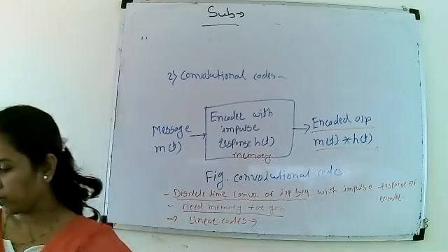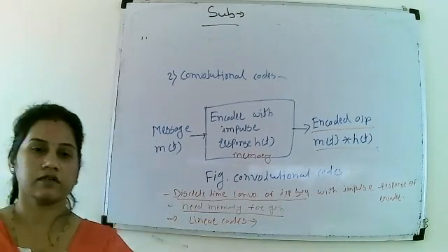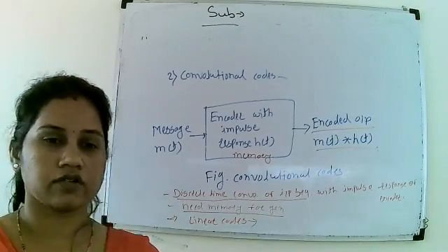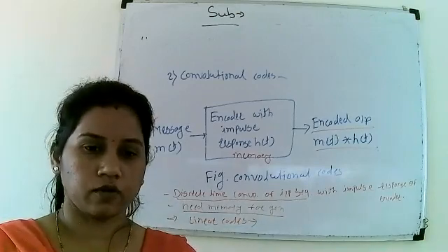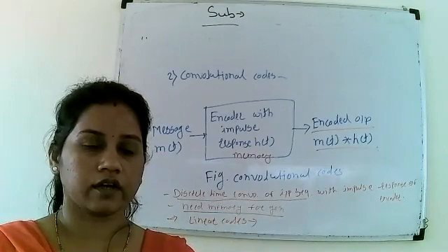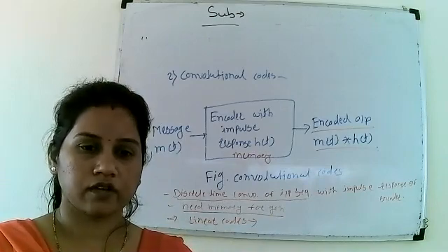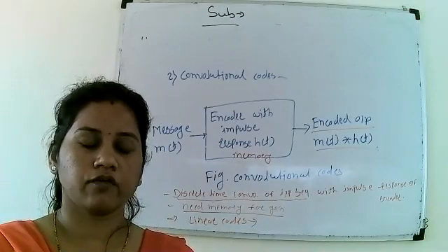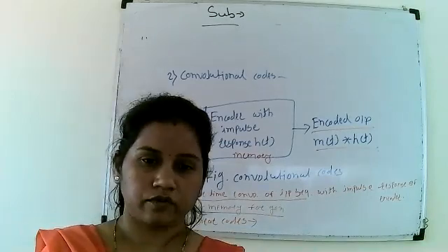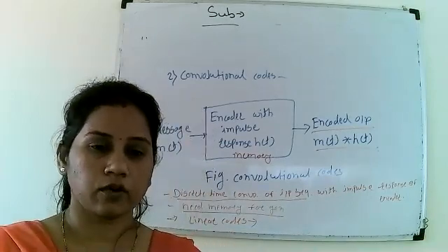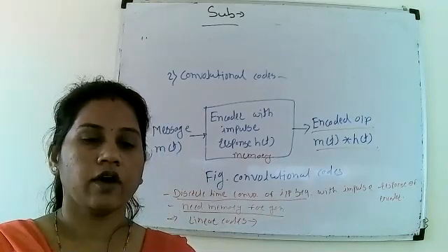So today we have discussed the classification of the error correcting codes. On the basis of the parameter, we have two types: linear codes and non-linear codes.